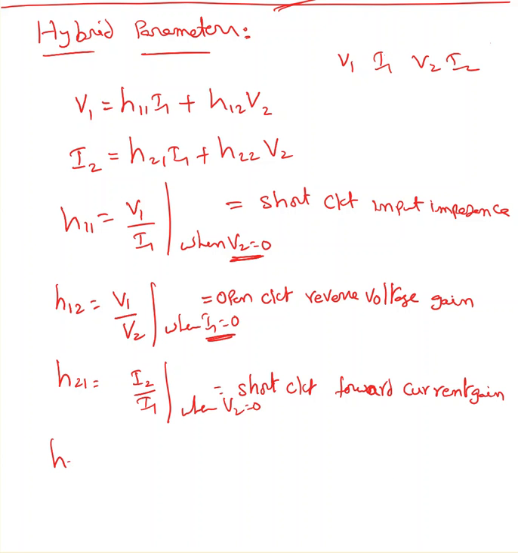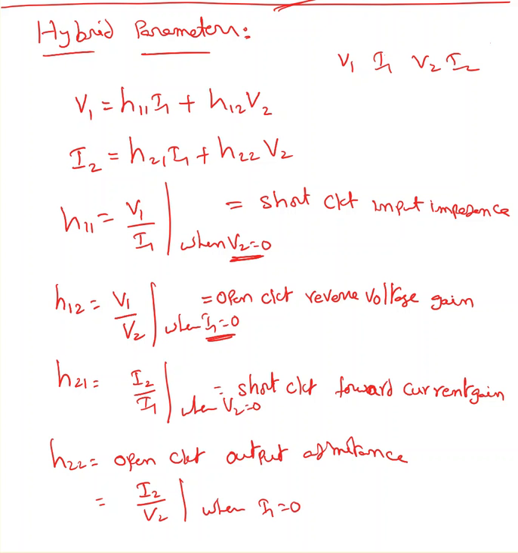And h22 is the open circuit output admittance. So h22 is nothing but i2 over v2 when i1 equals 0. So those are the h parameters.